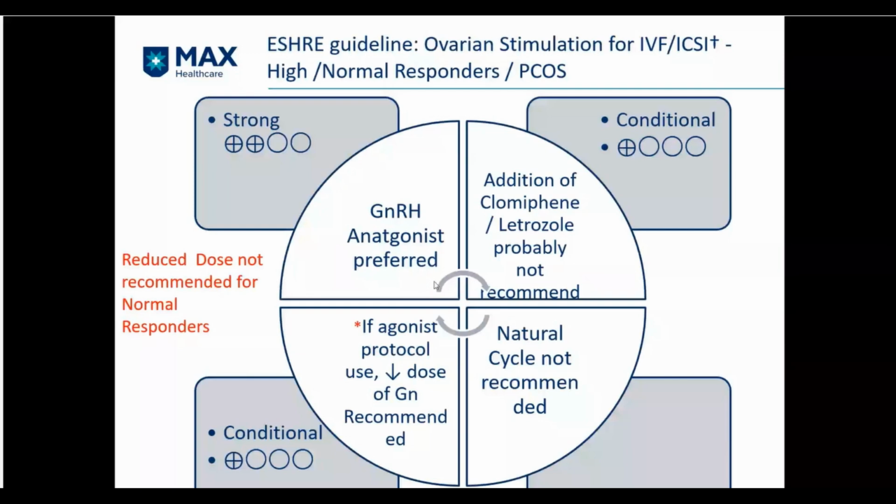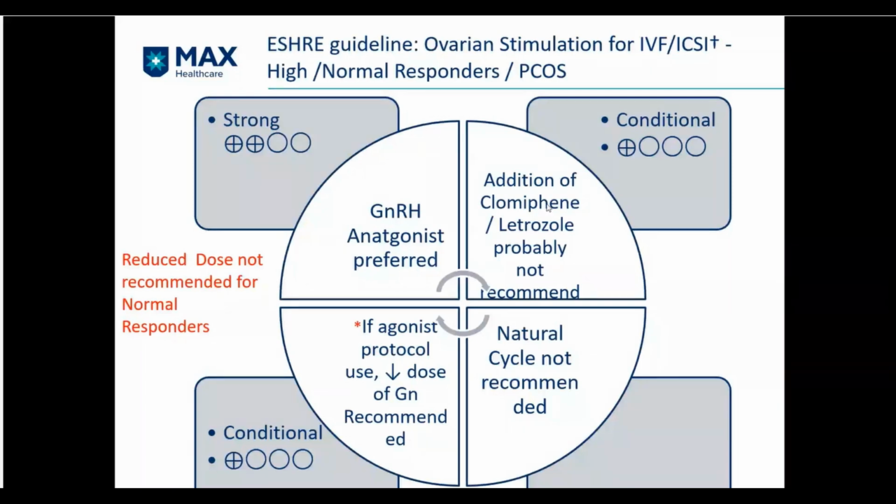If at all the agonist protocol is to be used, then we should decrease the dose of gonadotrophin. It is the recommendation. However, this recommendation is only for the higher responders or for patients who are PCOS, and this reduced dose is not recommended for normal responders.